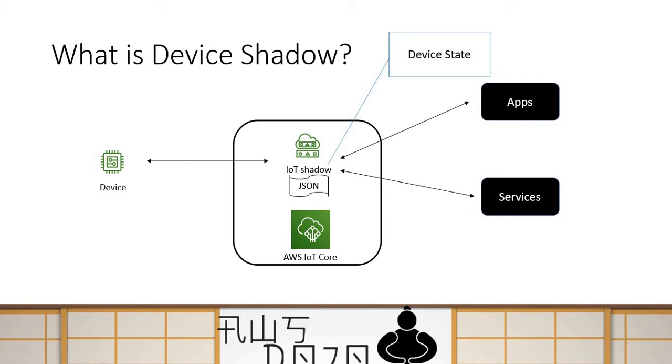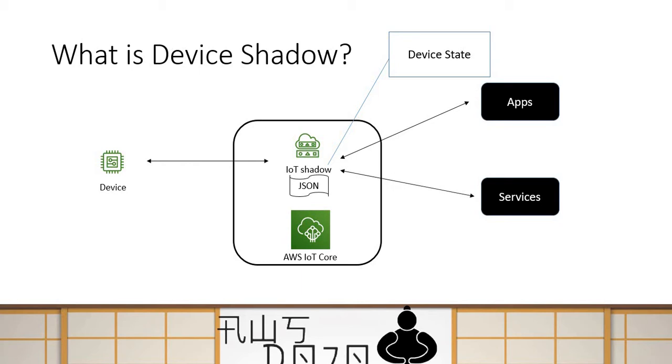So for instance, if you are using any end device which has state like temperature or vibration or pressure or humidity around the device. These devices maintain some of their own state.